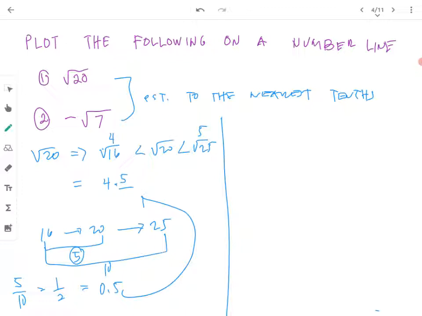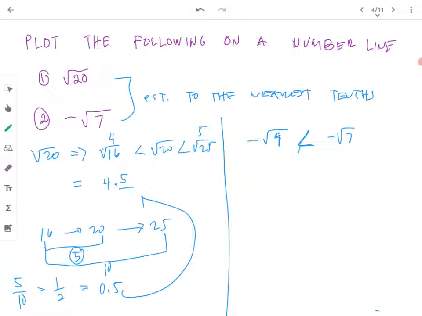How about negative square root of 7? Let's finish first estimating number 2, the negative square root of 7. So negative square root of 7 is between negative square root of 4 and negative square root of 9.